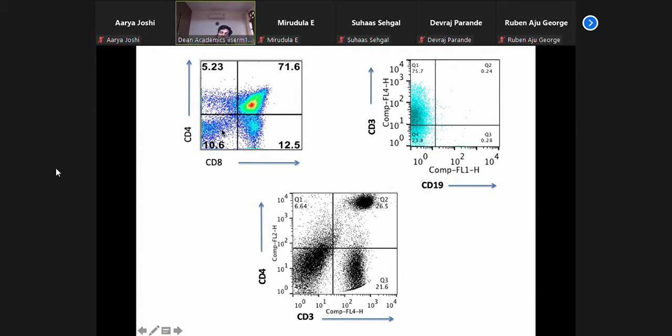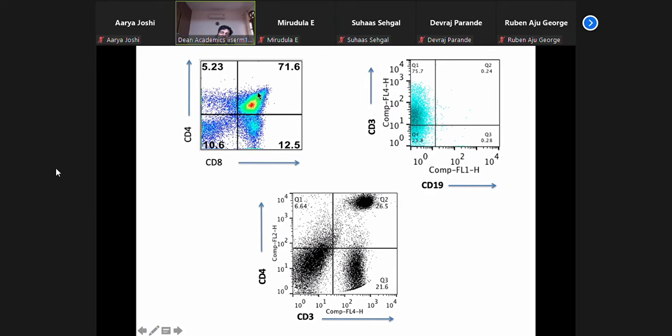Essentially, this is how these cells start their differentiation, and not exactly differentiation, but development. You call it development, because this is predominantly an antigen-independent development of these cells. So you start with double negative cells. These cells then become double positive.